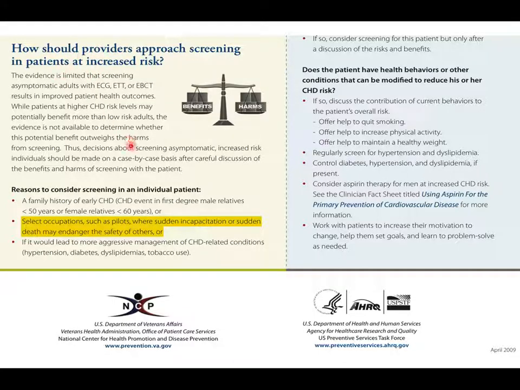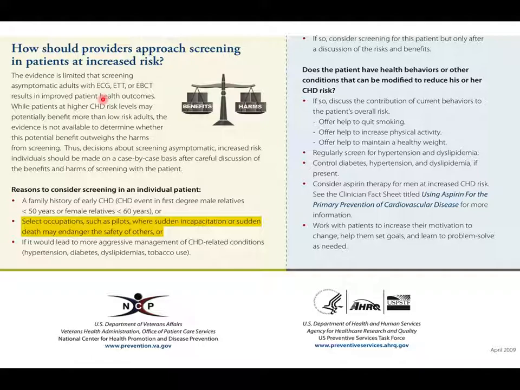It turns out the good folks at the Agency for Healthcare Research and Quality, the U.S. Preventive Services Task Force, they're part of Health and Human Services, look at all the literature to determine whether or not a process or a procedure is actually optimal. And they say basically you should not screen for heart disease at all using any technique.